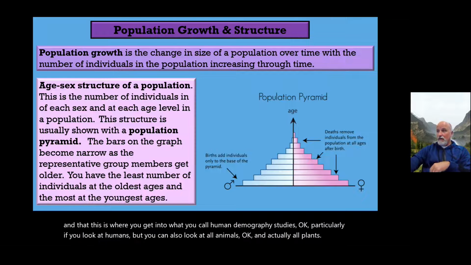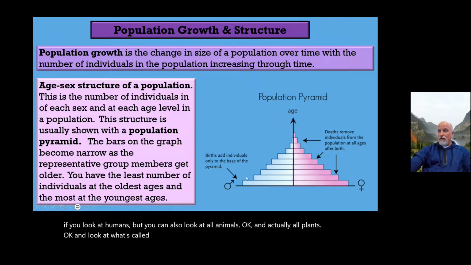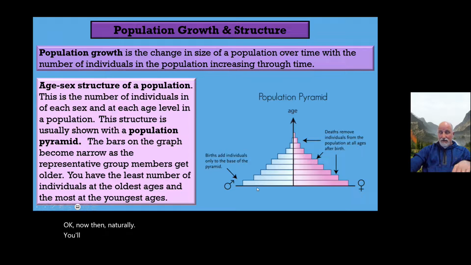Okay, and look at what's called a population pyramid, where you look at both the sexes, male and female, and then the age classes. Now naturally you'll have the highest numbers, it seems, in particular with humans, of younger individuals.